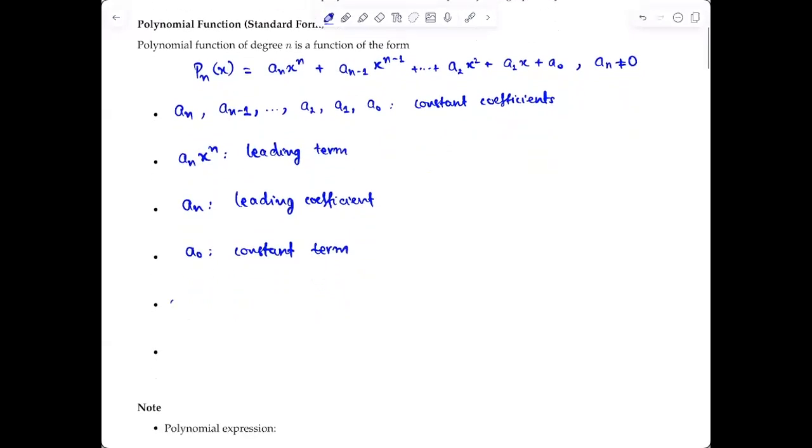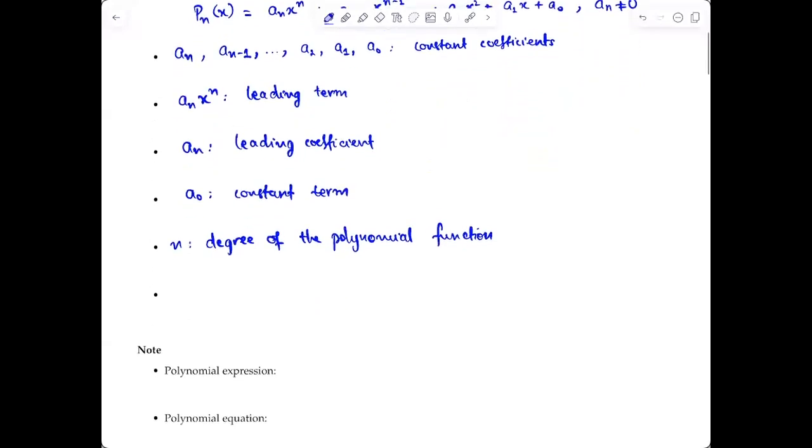And n, in this case, is the degree of the polynomial function. The domain of any polynomial function should always be from negative infinity to positive infinity, so all real numbers.